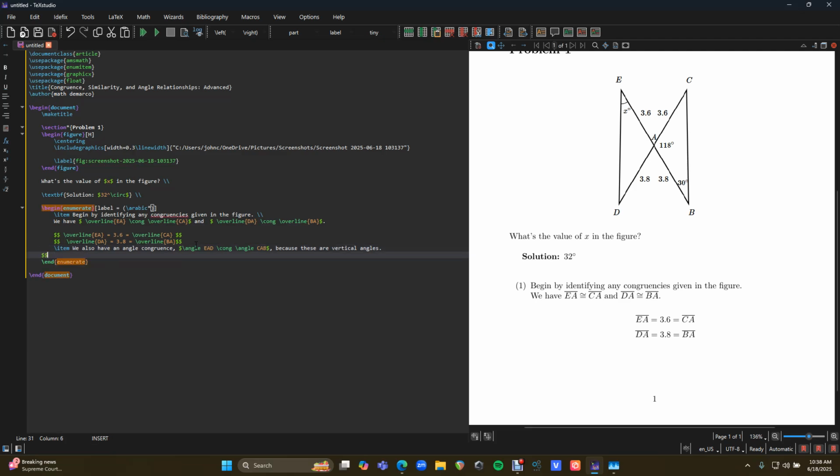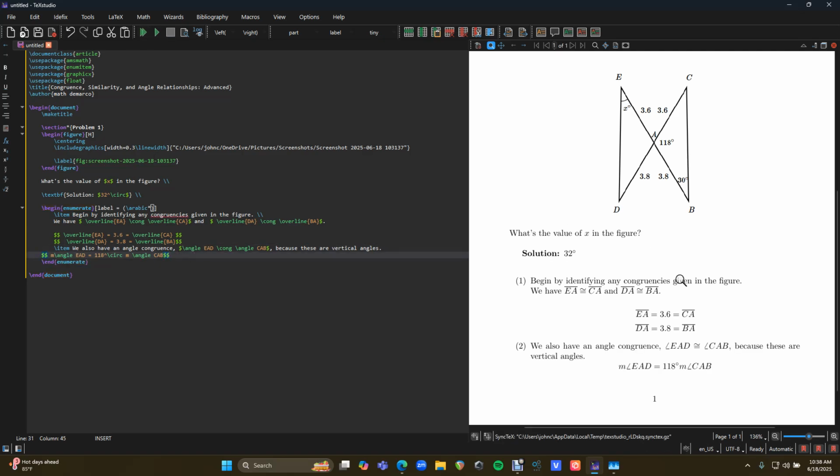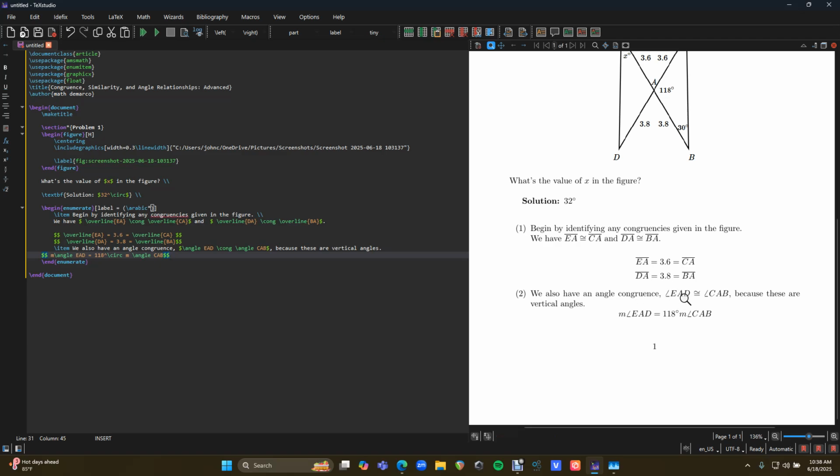And then we'll just put a similar thing here. And this will just say that the measure of angle EAD is equal to 118, we'll throw a little degree symbol in there, and then measure, and then close that off. Beautiful. So we also have an angle congruence, angle EAD congruent to CAB, because these are vertical angles. Vertical angles are always congruent.